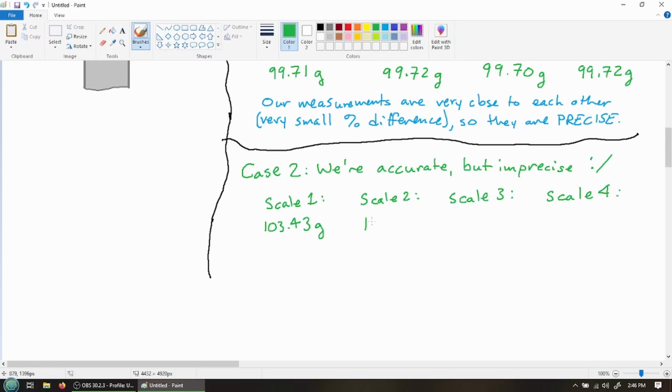Maybe scale 2 is 101.20. Scale 3 is 96.17. And the last one is 99.92. So we've got these 4 different scales, and the average of this is actually pretty close to 100. I mean, it's not dead on, but it's pretty close.